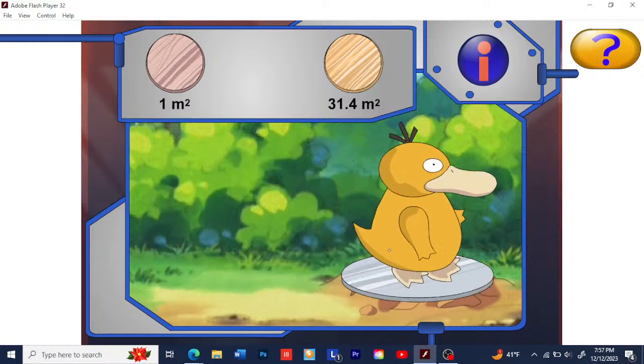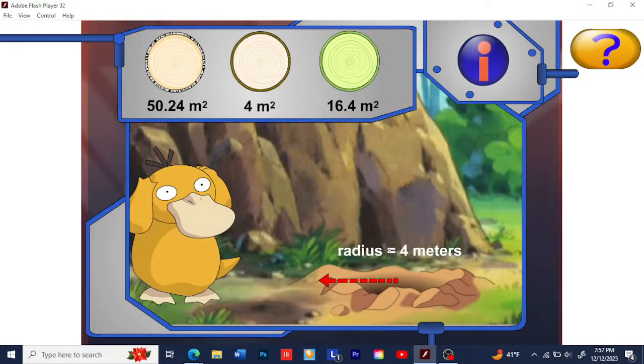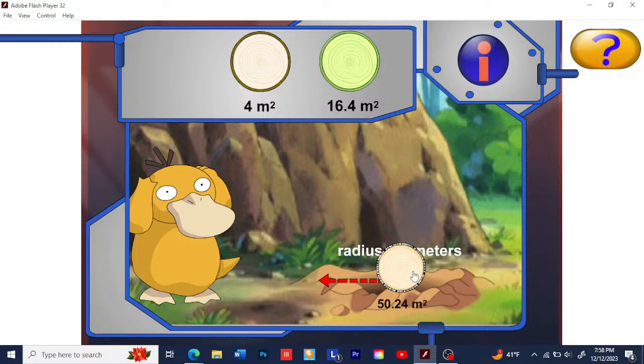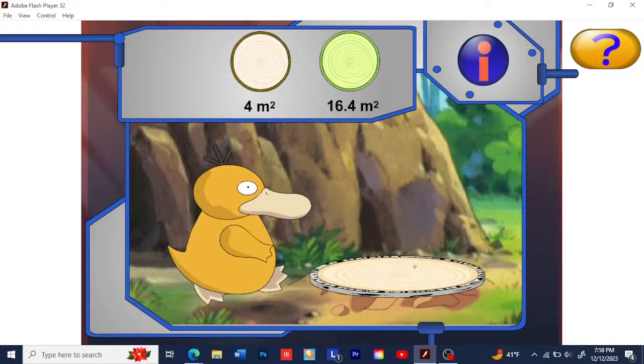Awesome! Here are more holes to fill. Awesome!